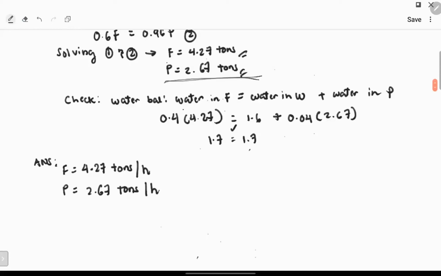So these are your final answer. Of course, if you had a different basis, let's say 2-hour operation or 24-hour operation, mag-iiba yung value ni F tsaka ni P. Pero kapag ginawa mong per hour, it will give you the same final answer na 4.27 tons per hour and 2.67 tons per hour.